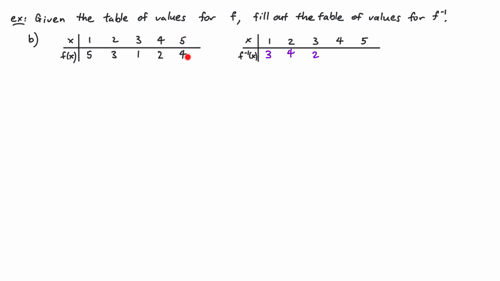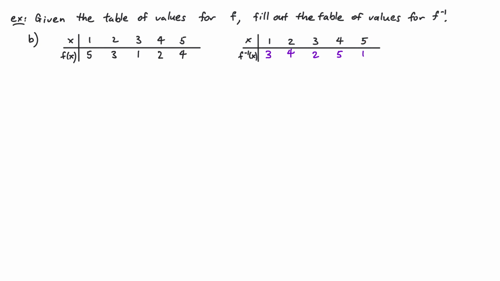When we input 5, we get 4 as the output for f. So for my f inverse, when we input 4, we should get the output 5. And then lastly, for f inverse of 5, we see that 5 shows up as the output here. When we input 1 into f, we get the output 5. So for our inverse function, when we input 5, we should get the output 1.